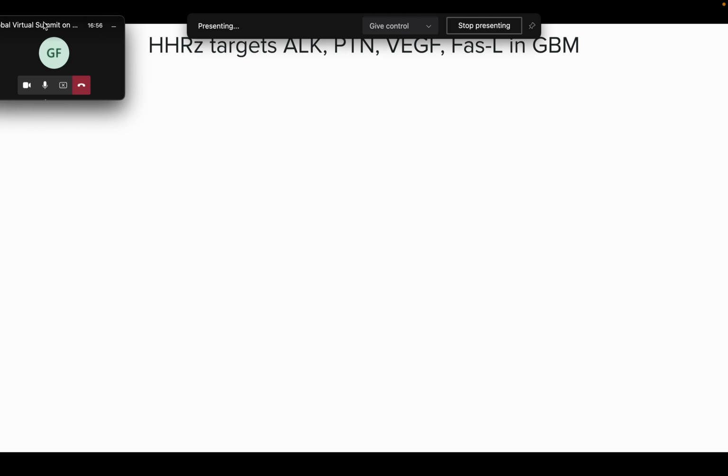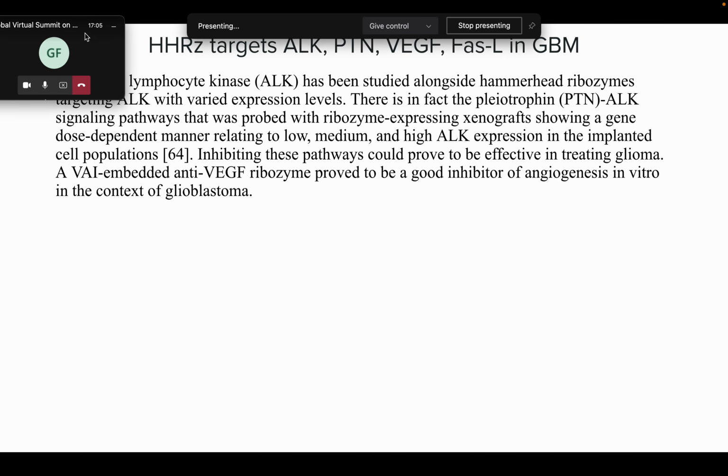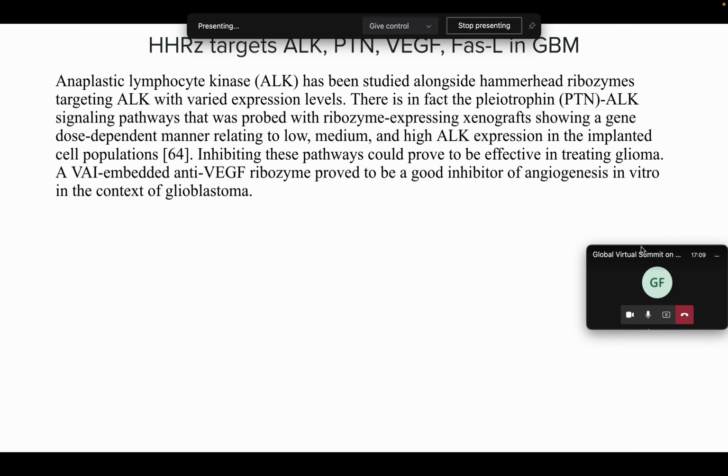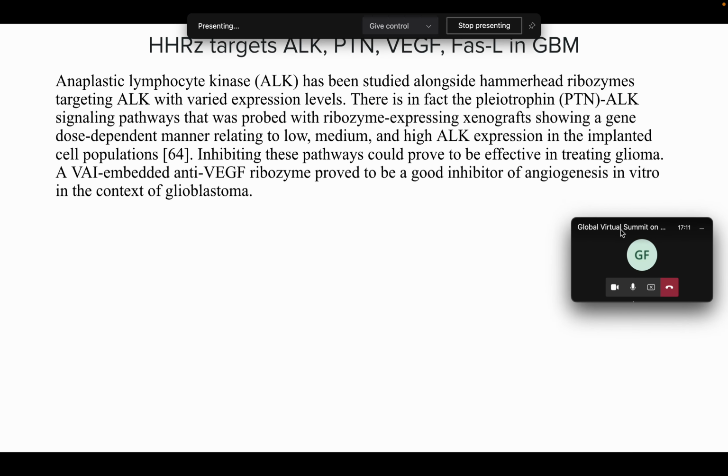And then for glioblastoma, you have the same hammerhead ribozyme targeting ALK, PTN, VGF, and FAS-L. For ALK, or anaplastic lymphoma kinase, this has been studied alongside the hammerhead ribozyme targeting ALK at different expression levels.